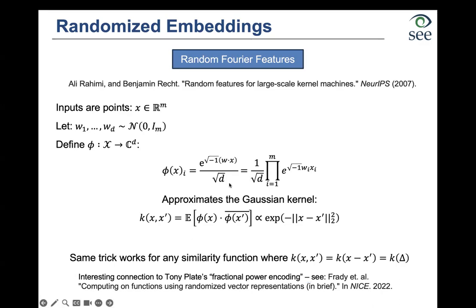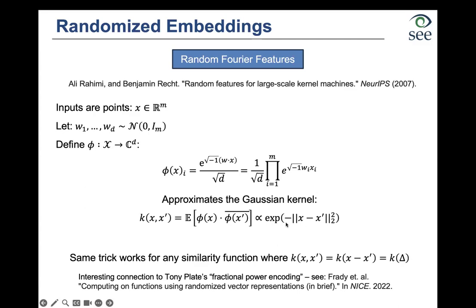Then we define an embedding in a very similar way to before, except instead of taking the sign of the dot product along these different weights, we just compute e to the i times that value. So it's a complex valued embedding. And via a technical argument using a theorem from functional analysis, we can show that this encoding method approximates the Gaussian kernel.